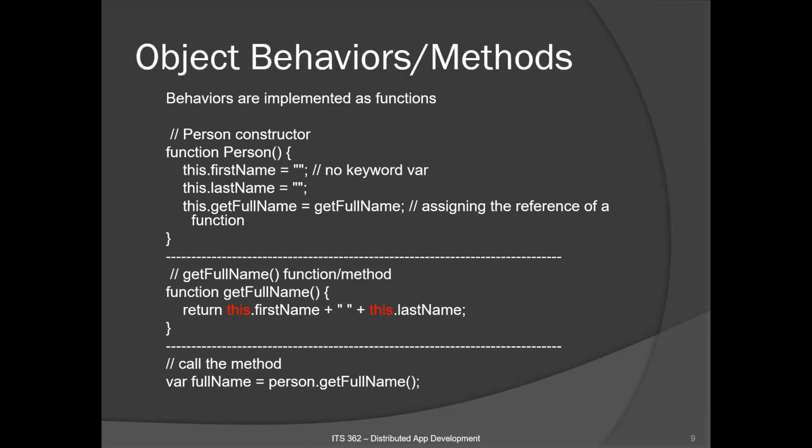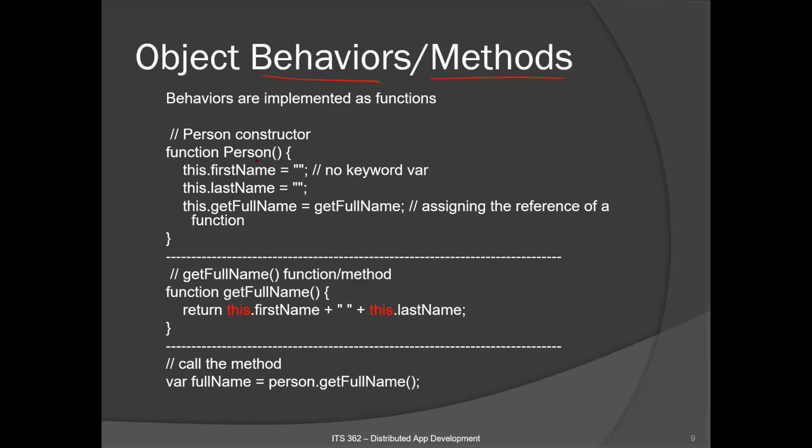Now, of course, we want to have functions associated with this, so we're going to call those either behaviors or methods, right? So behaviors are also implemented as functions. You can see JavaScript is a very function-centric programming language. So here we have the example of the person constructor.